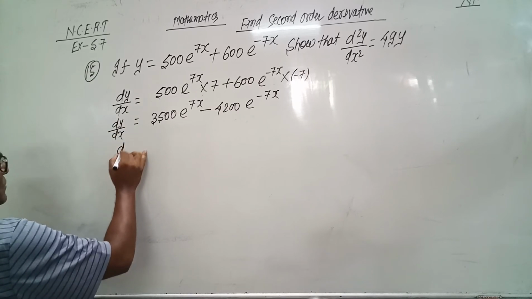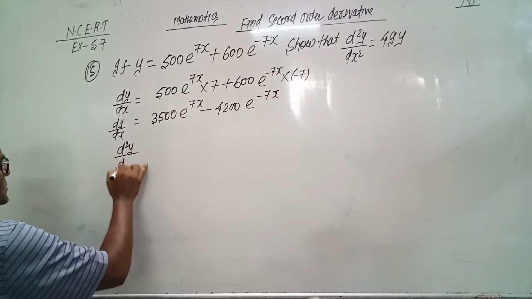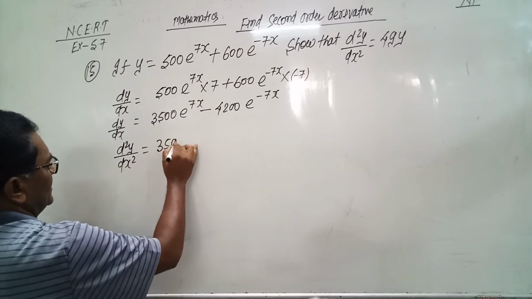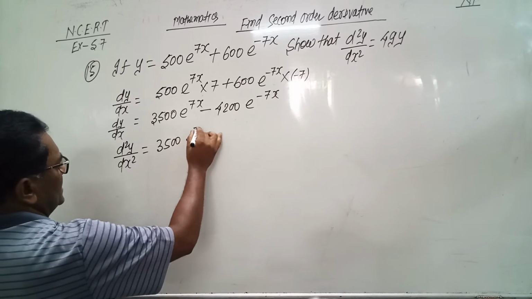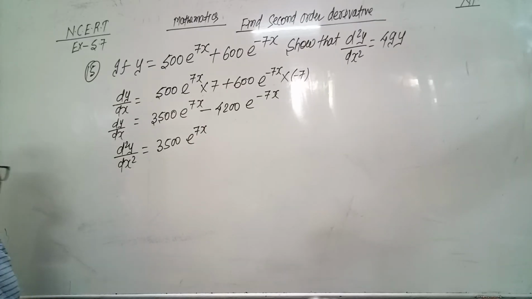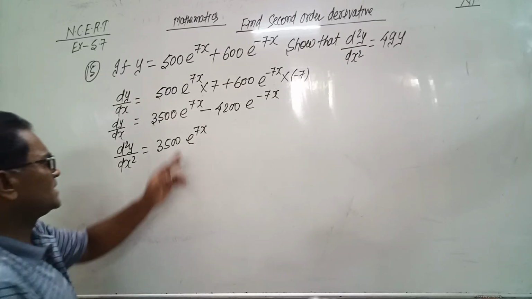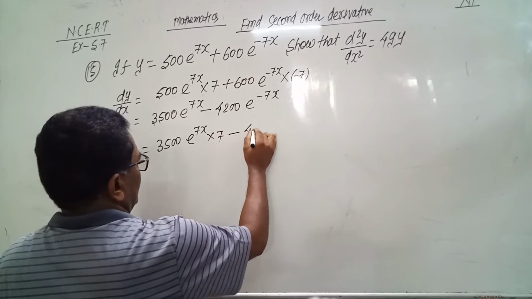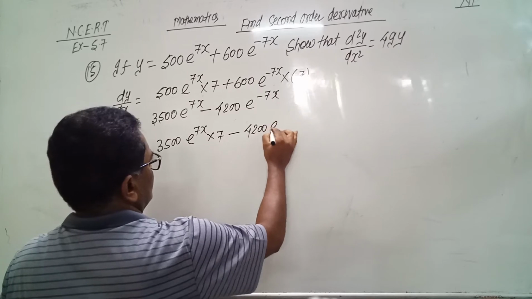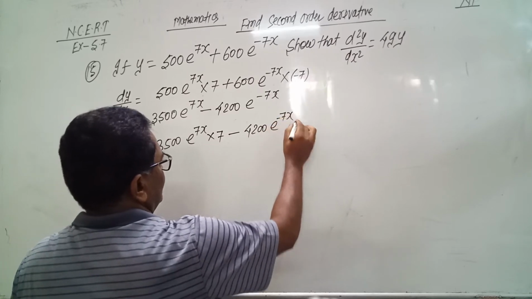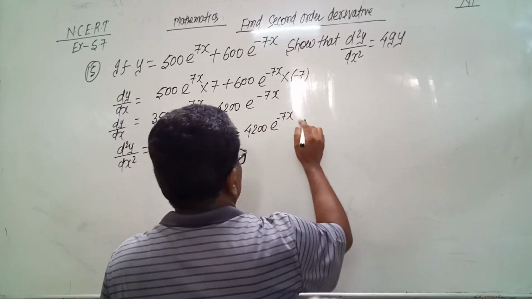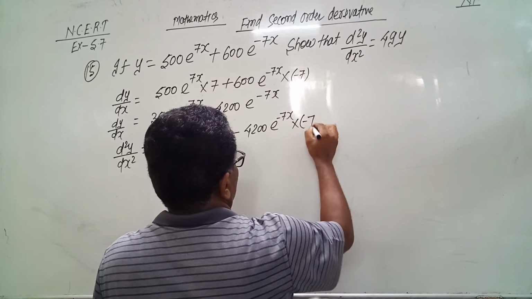Now we have to calculate double differentiation d2y by dx square. 3500, differentiation of e raised to the power 7x is e raised to the power 7x, drop e, differentiation of 7x is 7. Minus 4200, differentiation of e raised to the power minus 7x is e raised to the power minus 7x, and differentiation of minus 7x is minus 7.